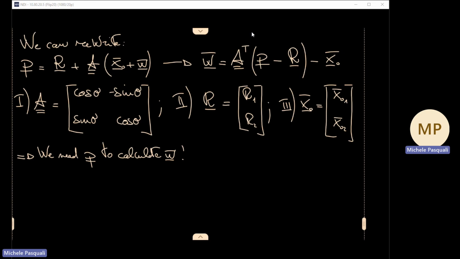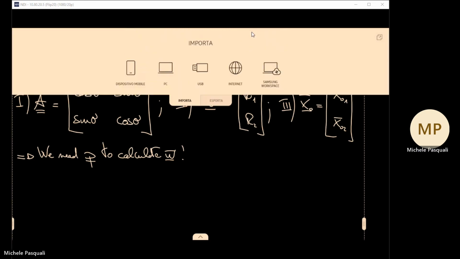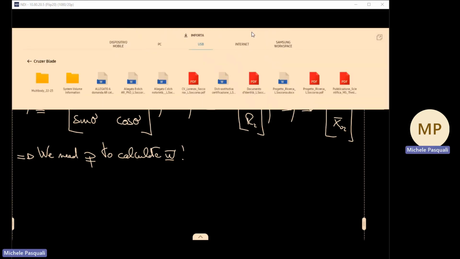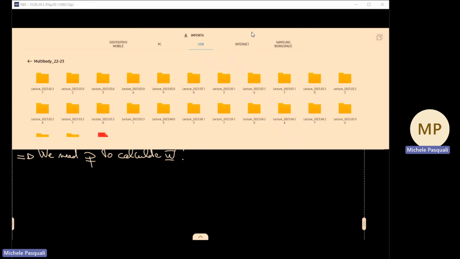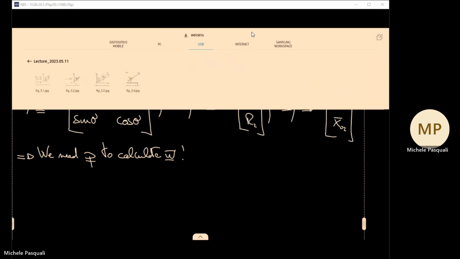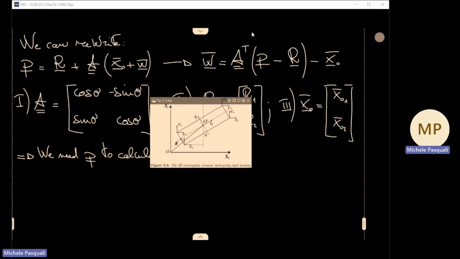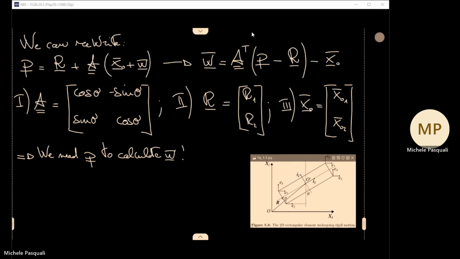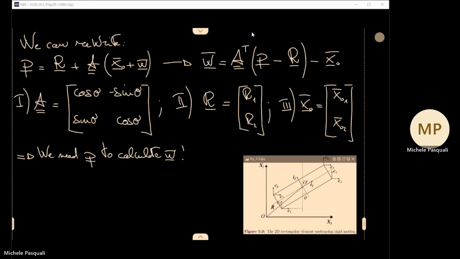So now we take into account the fact that we are dealing with 2D isoparametric elements to get this P. And to do so, we consider, in this case, a rigid motion. So there is a rotation and translation.